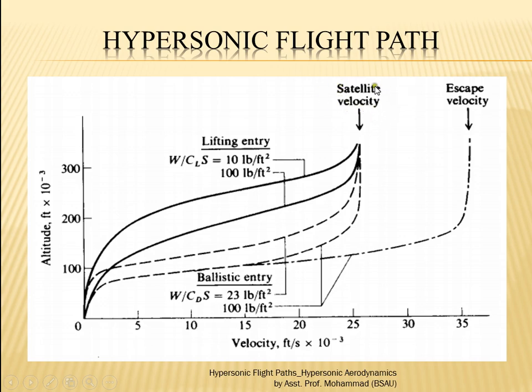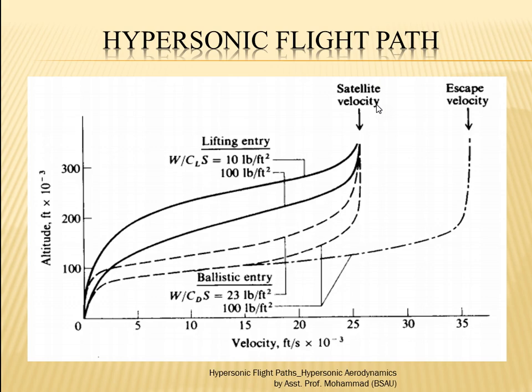When the vehicle re-enters the Earth's atmosphere coming from some orbit around the Earth, where the satellite goes around the Earth, it is called a satellite velocity entry, because the vehicle will re-enter the Earth's atmosphere with a velocity equal to the satellite velocity.